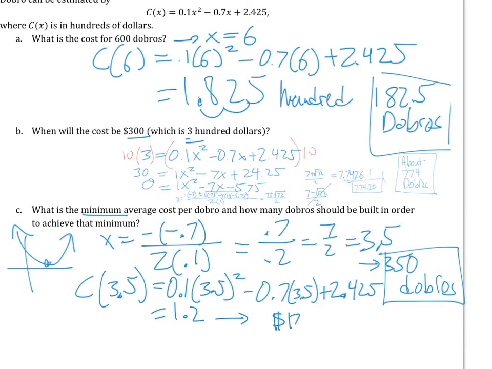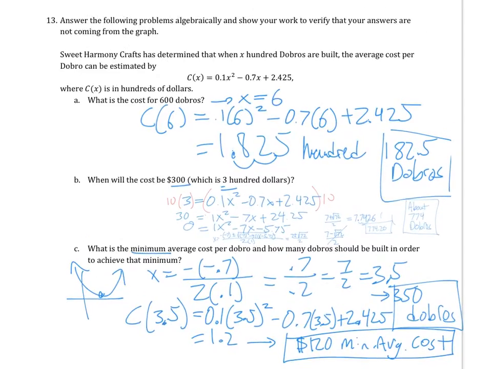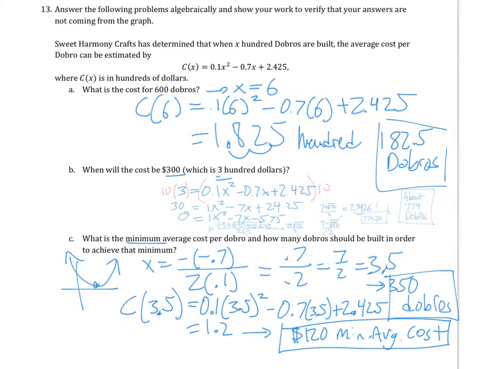So $120 is the minimum average cost. So the company wants to make 350 dobros to get the minimum cost. There you have it. Remember, whenever we're talking minimum or maximum, we're looking for the vertex. That's a super important one there.